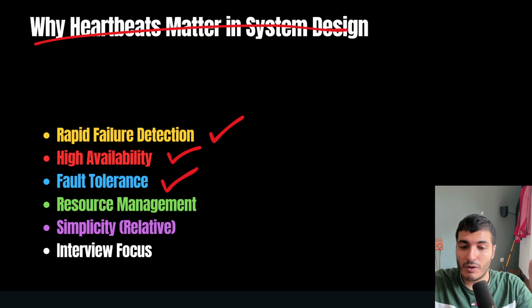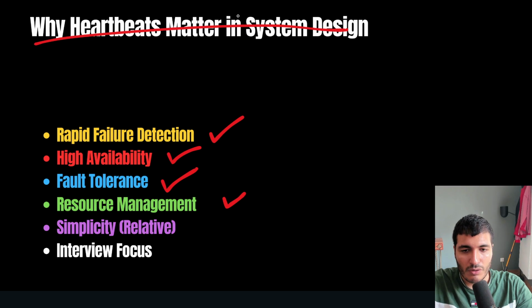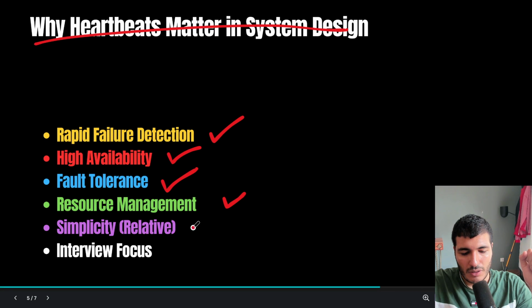Number 3, fault tolerance. They are a core mechanism for building systems that can gracefully handle individual component failures without collapsing entirely. Number 4, resource management. They ensure that valuable network traffic and processing tasks are not sent to dead or unresponsive nodes, optimizing resource utilization. And number 5, simplicity.